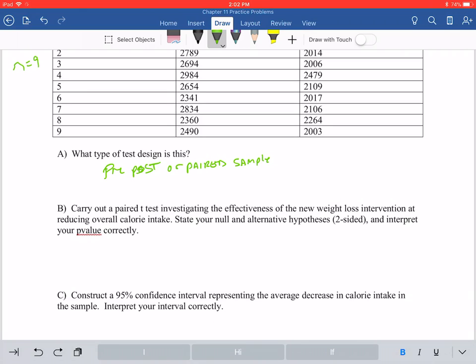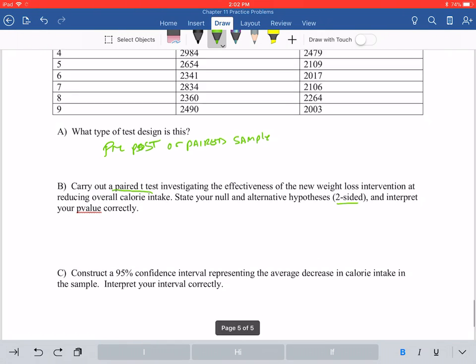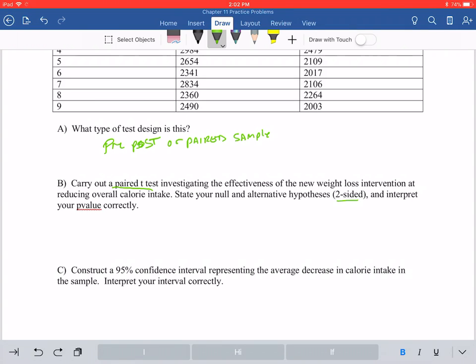And then part 2 is carry out a paired t-test. Kind of already told you the answer. Investigating the effectiveness of the new weight loss intervention at reducing overall calorie intake. State your null and alternative hypothesis, and I want you to do a two-sided and interpret your p-value correctly.